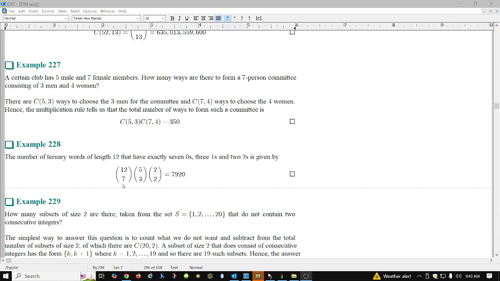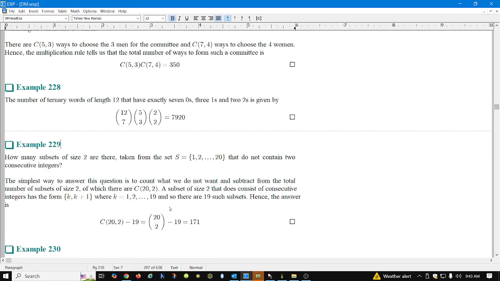That's the first task. Second task, you have 5 open positions still. Choose 3 of them to place the ones. You now have 2 open positions you have to fill with the 2 twos. Multiplication rule applies. This is the number.